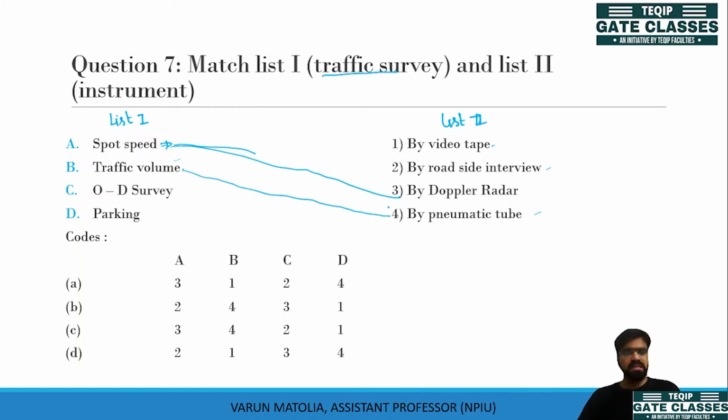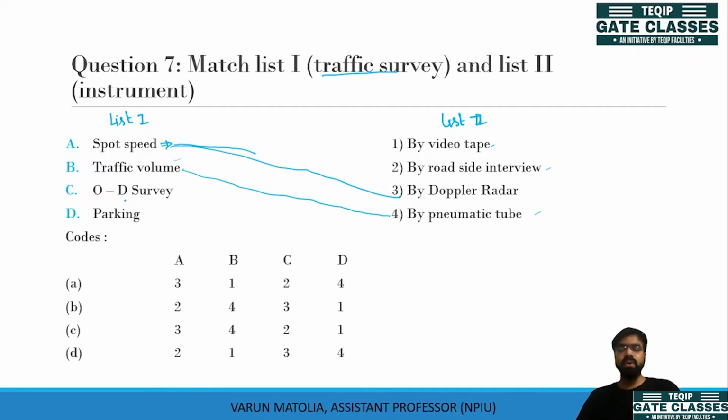We have studied this exclusively. If we use one pneumatic tube or two pneumatic tubes, we can count the number of vehicles, the type of the vehicle, the direction of the vehicle, the speed of the vehicle. These many parameters can be calculated using pneumatic tube.